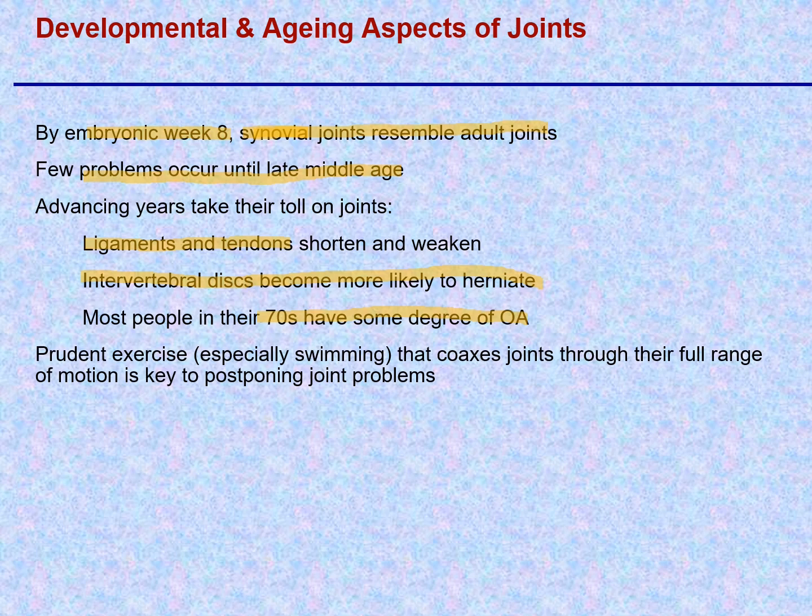It allows you to move your joints thoroughly and not impact them, and therefore by using the full range of motion and strengthening the muscle, you can often reduce problems of aging and joint problems. And that's the end of Unit 5A.